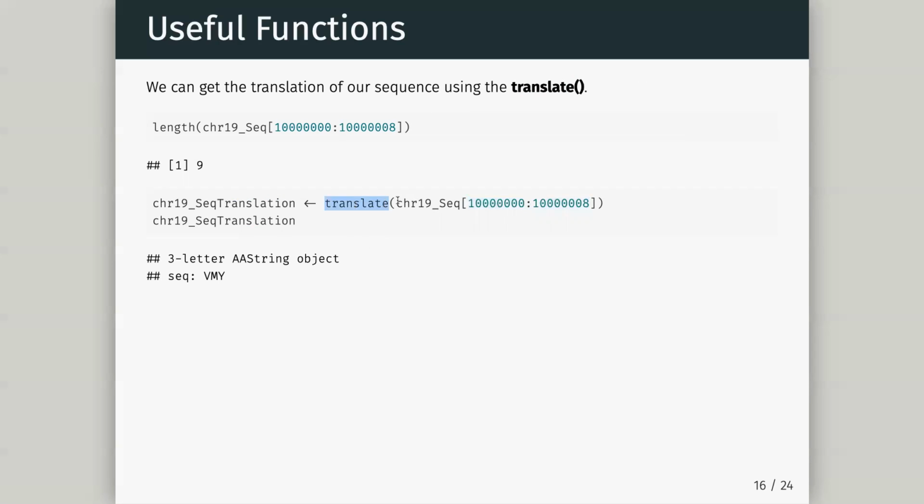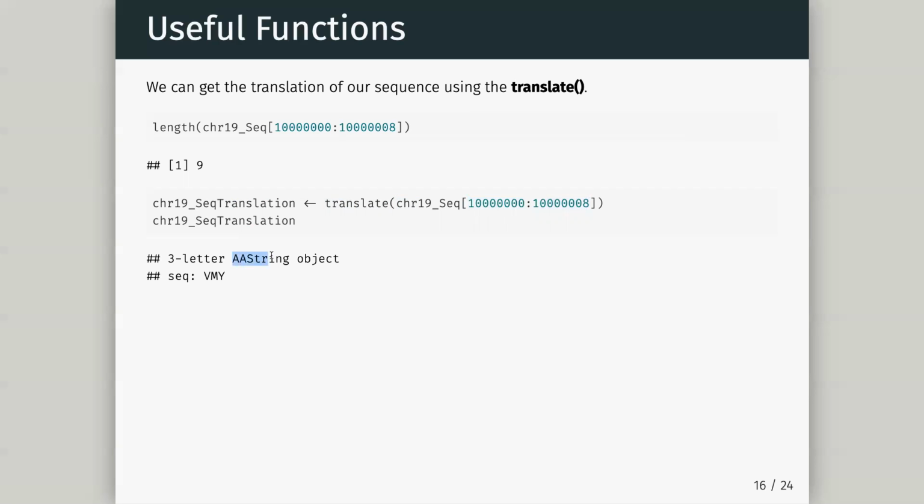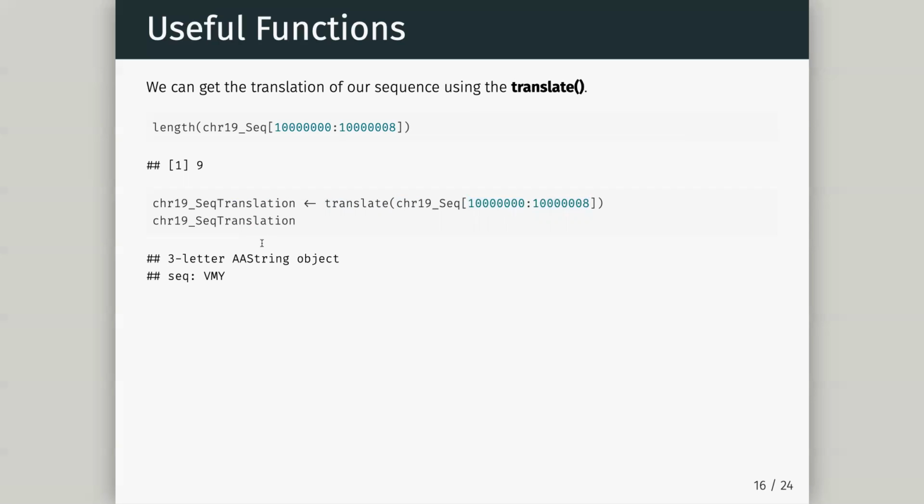If I do translate on my 9 base pairs of sequence, it gives me back something very similar to what we had. Up to this point, we've had a DNA string object. Now I have an AA string object, an amino acid string object. The only difference between an AA string object and a DNA string object is the allowed bases.